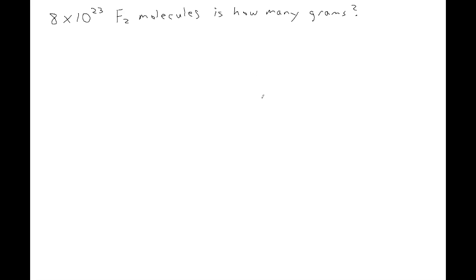Okay. First, you write down your target value, which is grams of F2. Then you write down what you have, which is 8 times 10 to the 23rd. Then you need to convert that to moles, which would be times 1 mole of F2 divided by 6.02 times 10 to the 23rd individual F2.